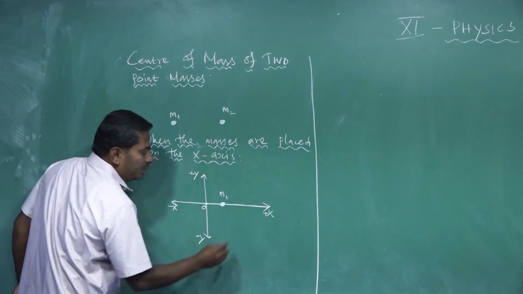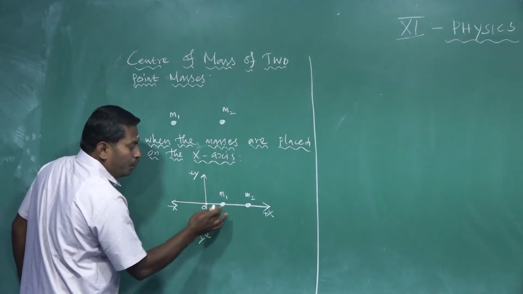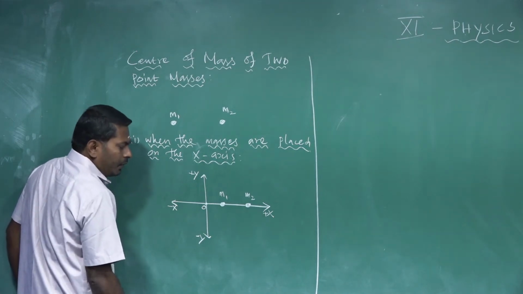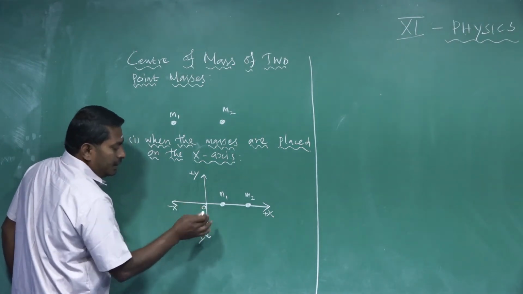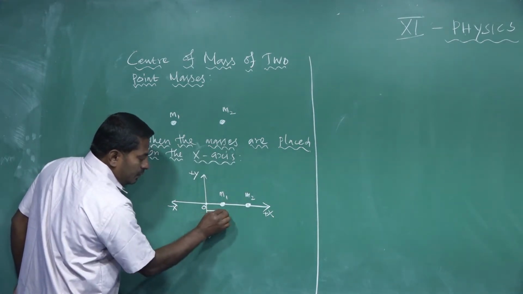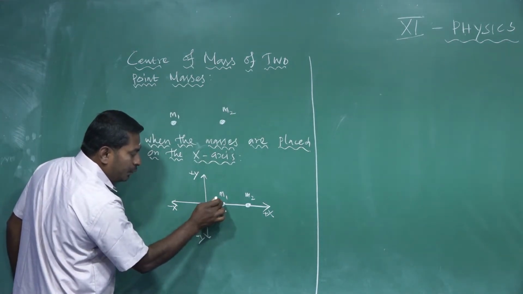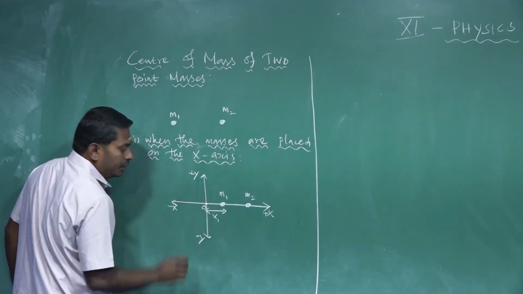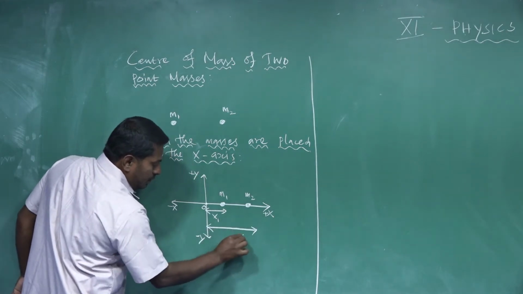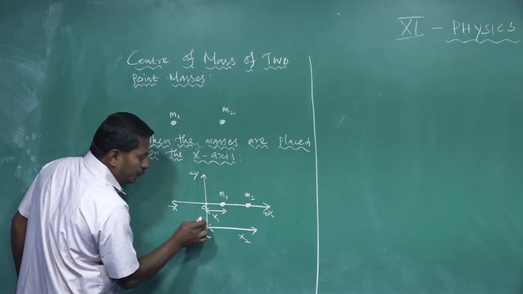M1 is one of the point masses, M2 is the another point mass. These 2-point masses are placed along the positive x-axis. Our aim is to determine the center of mass of the 2-point masses of the system. x1 is the position of the first point mass M1 from the origin, x2 is the position of the second point mass M2 from the origin.